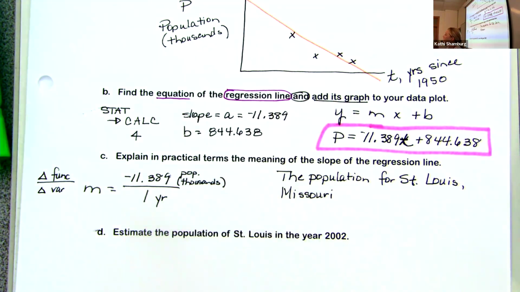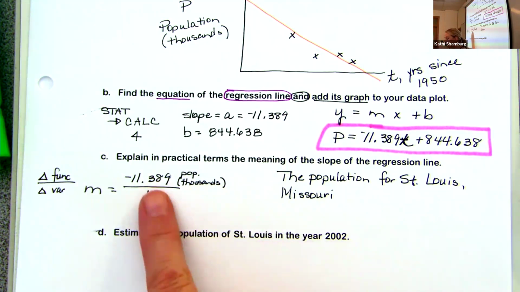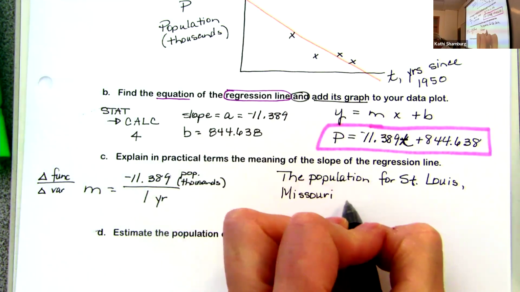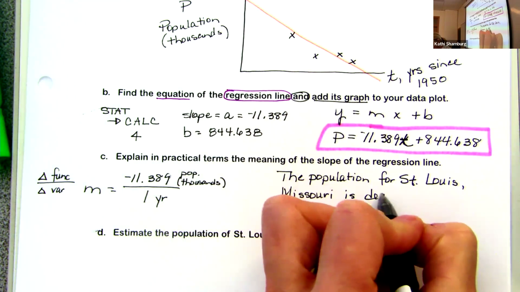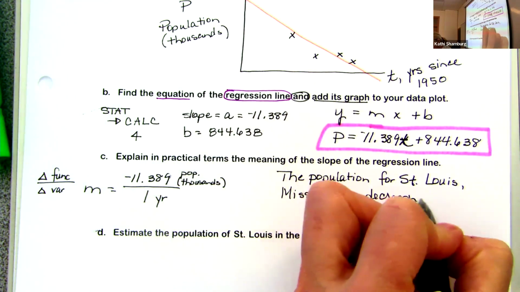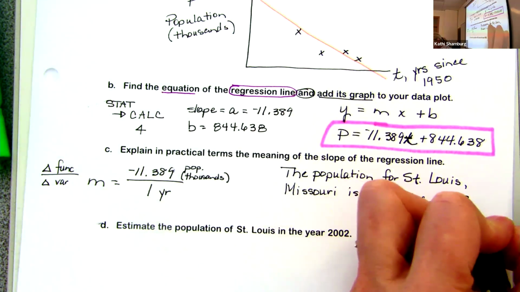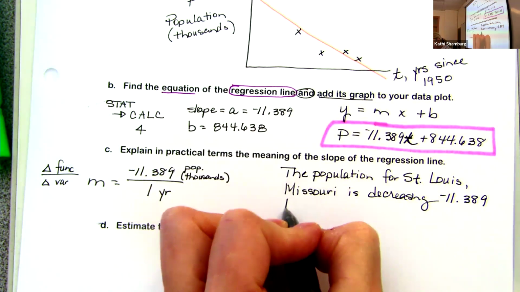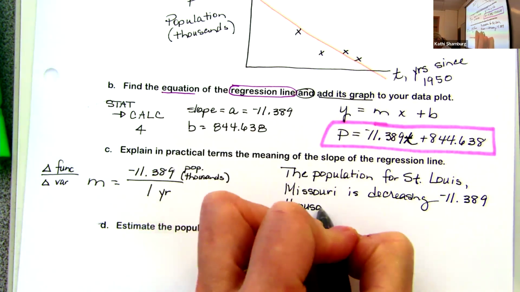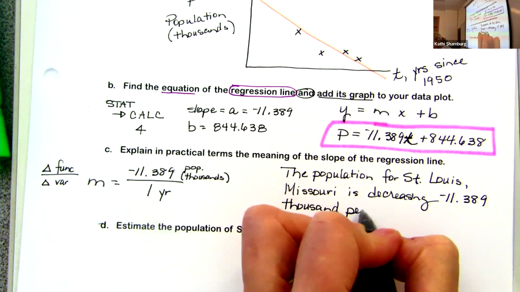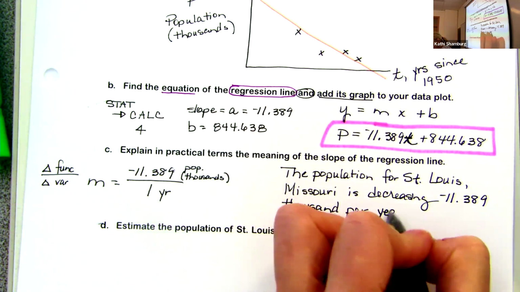Now, on the test, if you said the population, but you didn't include St. Louis, I might write it in there, but I probably wouldn't count off because you at least put the word population in there. Okay, what is the population doing? Because it's negative, it tells us that it is decreasing, which makes sense in relationship to our plot. And it's decreasing 11.389 thousand per 1 year or per year.